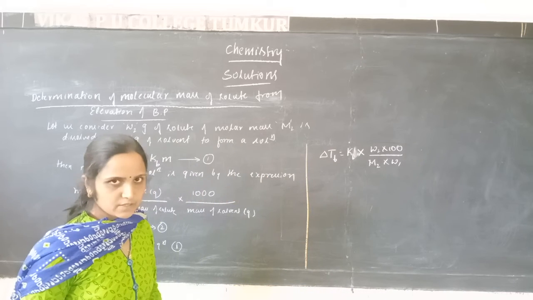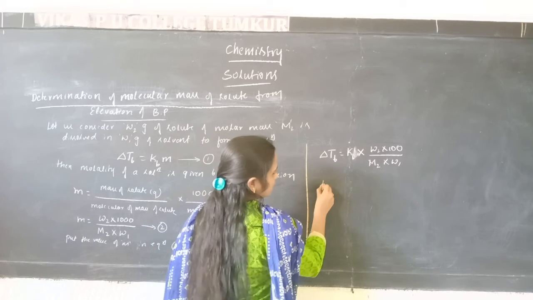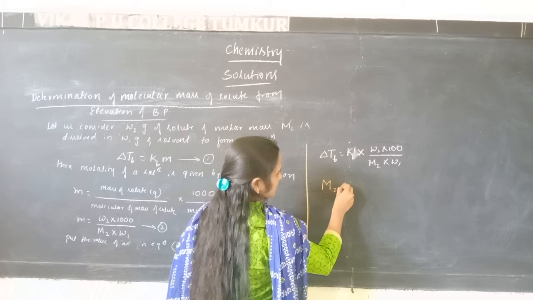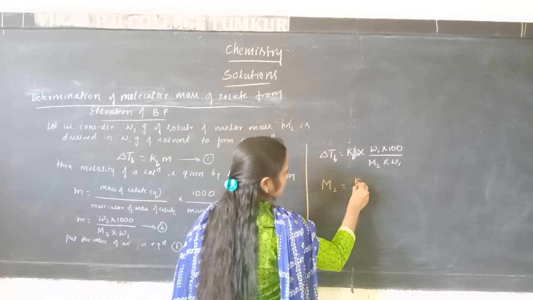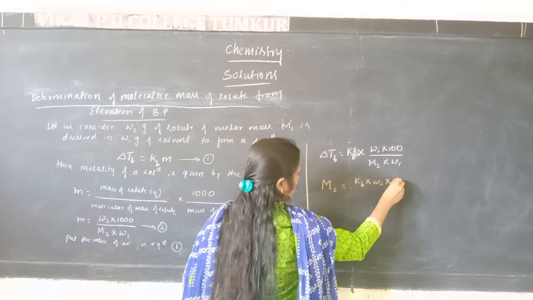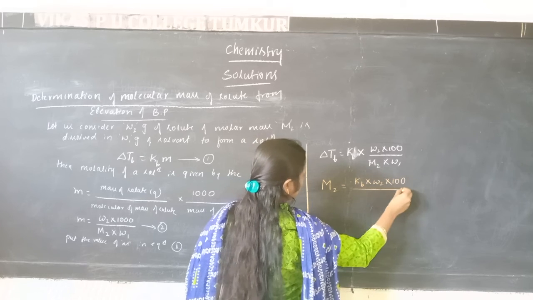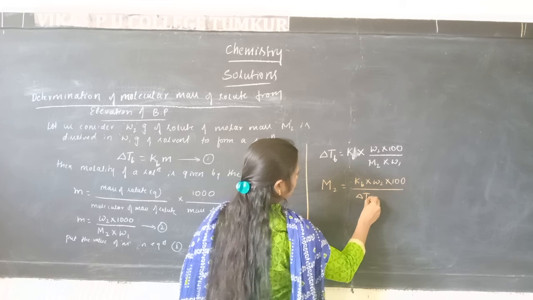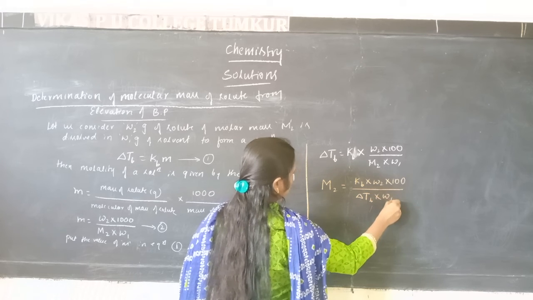On rearranging this equation, we get M2 is equal to KB into W2 into 1000 divided by delta TB into W1.